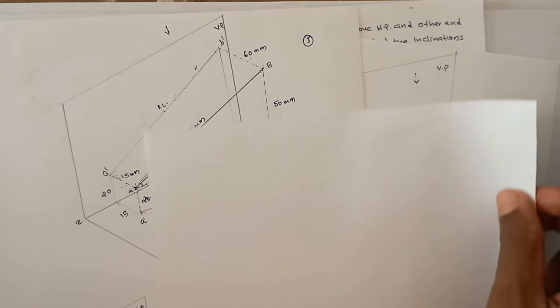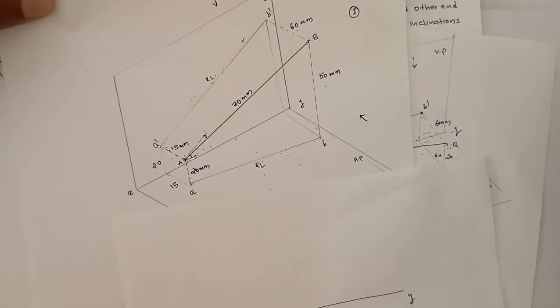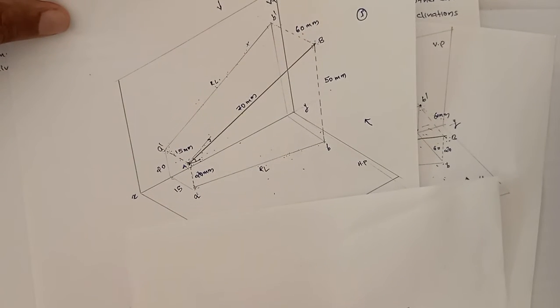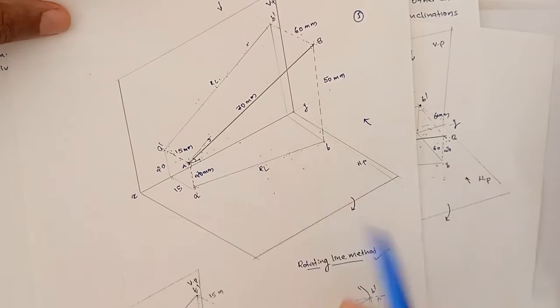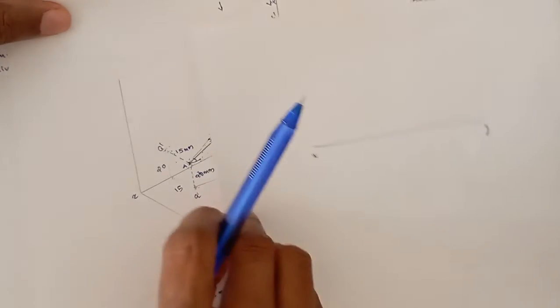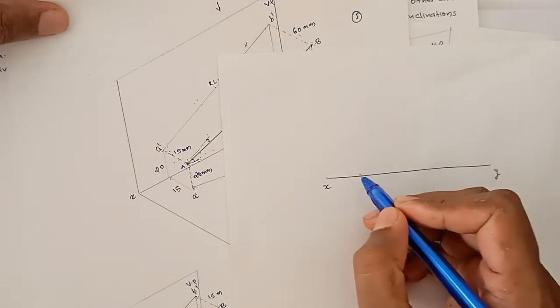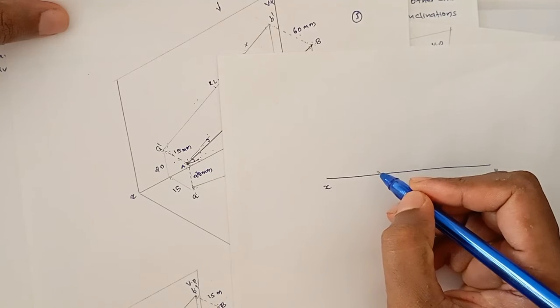First we have to draw the XY line. Keeping the question aside, this is our XY line. First you have to fix one point common. I am fixing the point A. So you have to first draw the point A, which is 20 mm above XY line, 20 mm above HP.